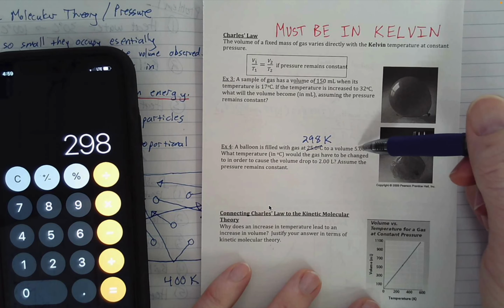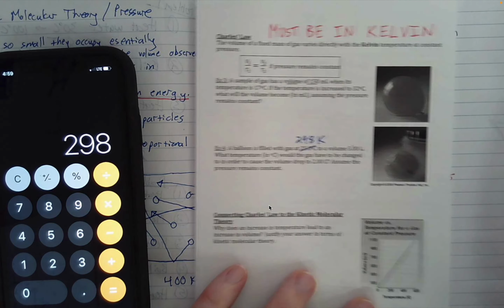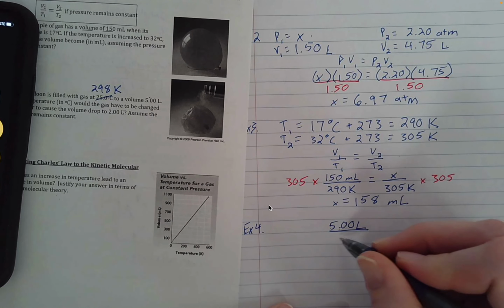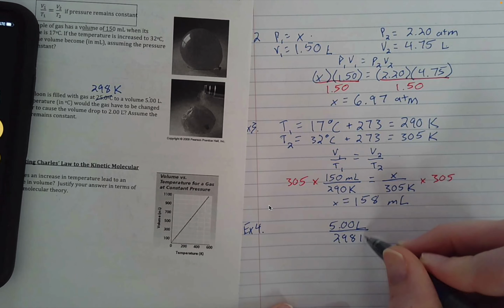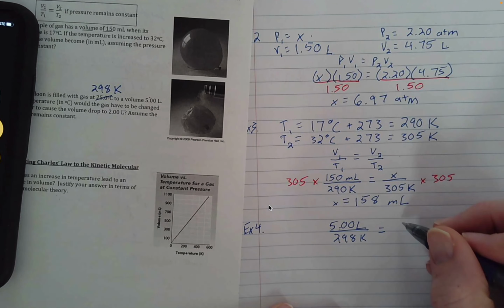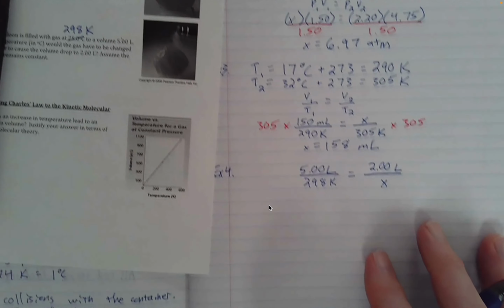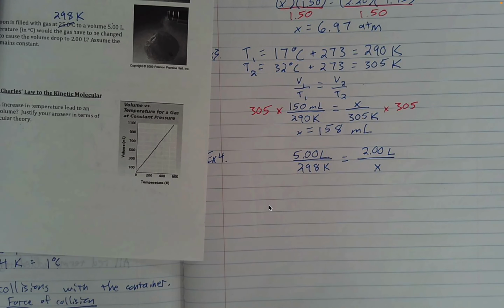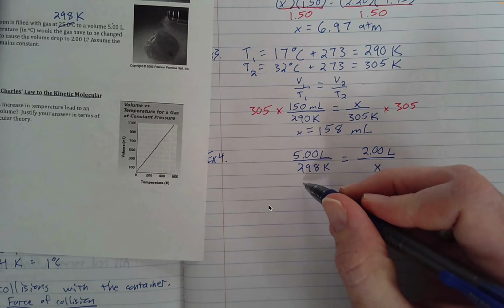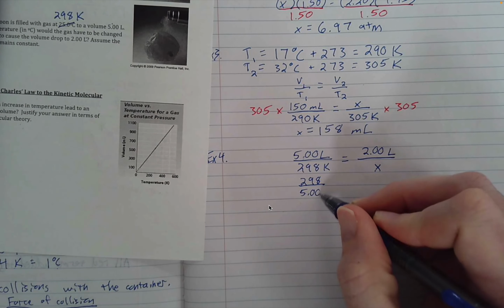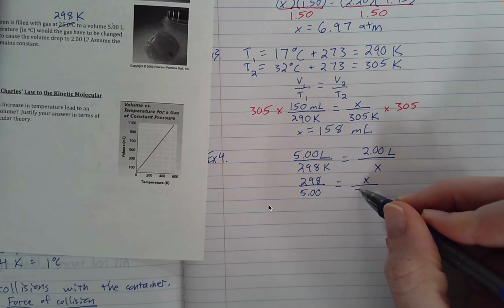And the volume is going to change from 5 liters to 2 liters. So my initial volume was 5.00 liters, and it had a temperature of 298 Kelvin. So now what would be the new temperature if I change it to 2 liters? Now this gives a lot of students trouble whenever the variable is on the bottom. So an easy trick is just to flip them. 298 over 5.00 equals x over 2.